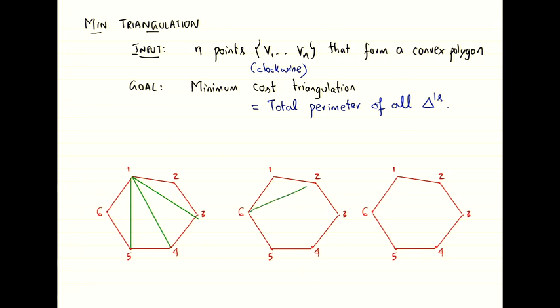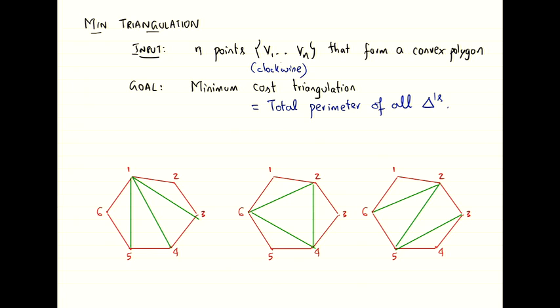Another way would be this, and you could think of many other ways. You can divide a polygon into triangles in so many different ways. And what you want to find out is the way to divide it into triangles so that you minimize the total perimeter of all the triangles.